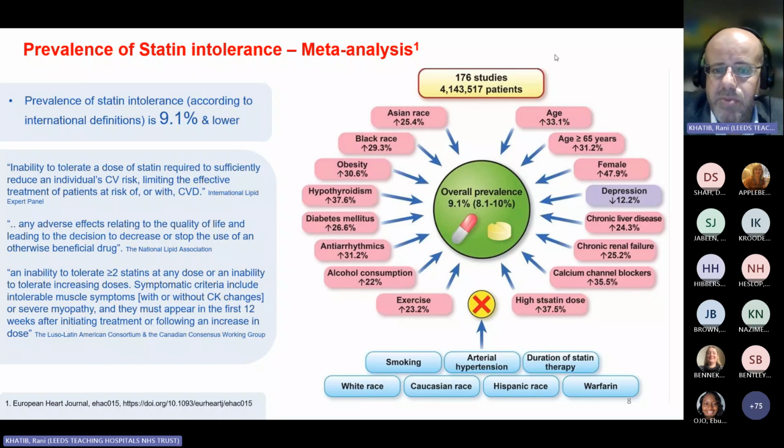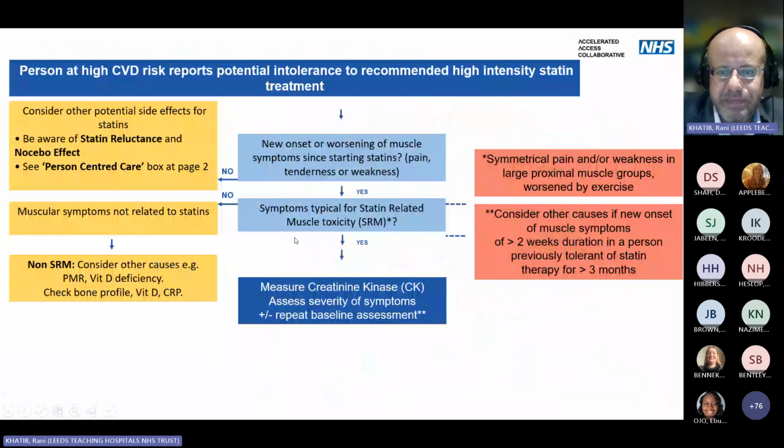Those who have hypothyroidism are probably 40% more likely to report it, and so forth. So it is sometimes difficult to pinpoint for each individual patient what the prevalence specifically is, but the idea is we need to keep that in mind when we are dealing with statin intolerance.